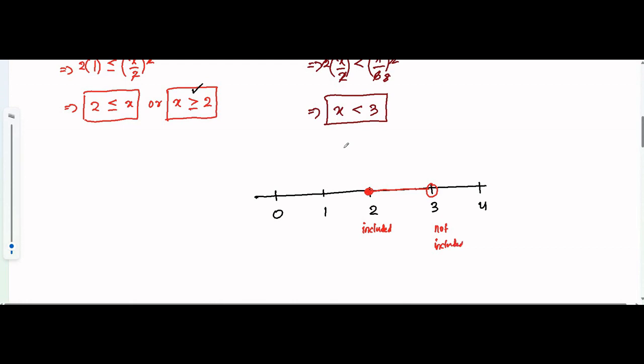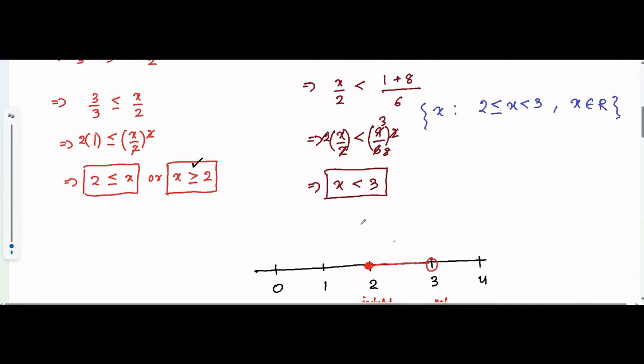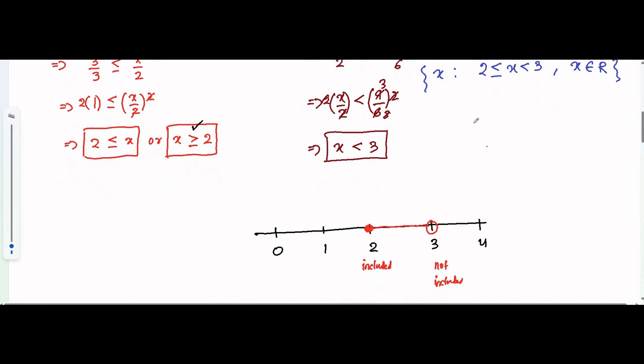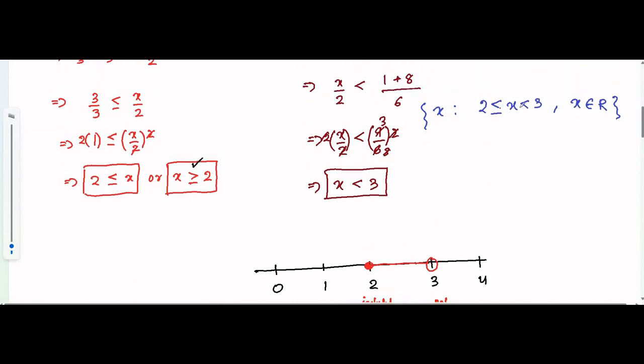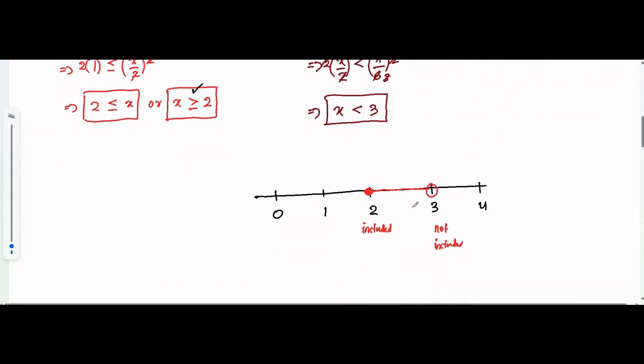They are part of the solution, okay. So this is the plotting of the solution we have got on the number line: 2 less than or equal to x less than 3 with x belonging to the set of real numbers, okay.